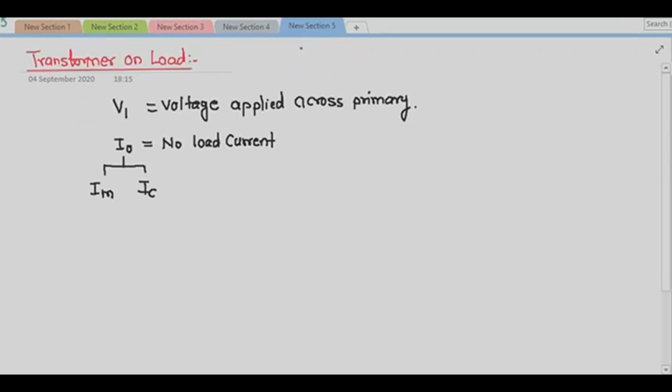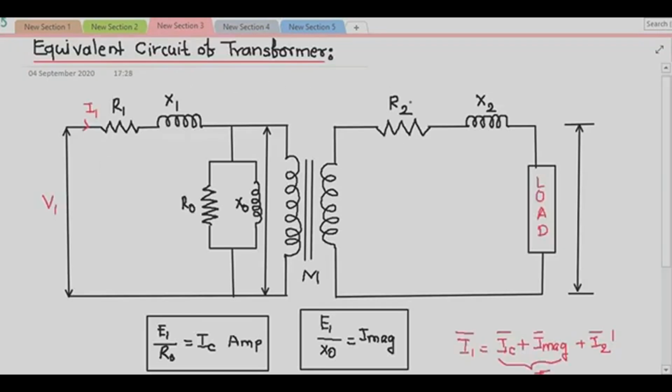A current I2 flows through the secondary winding and it will cause a voltage drop in R2 and also a voltage drop in X2.